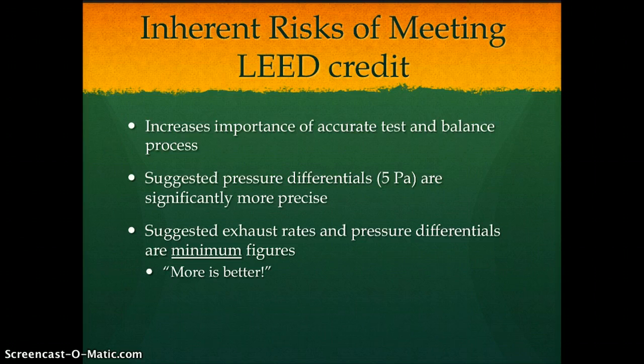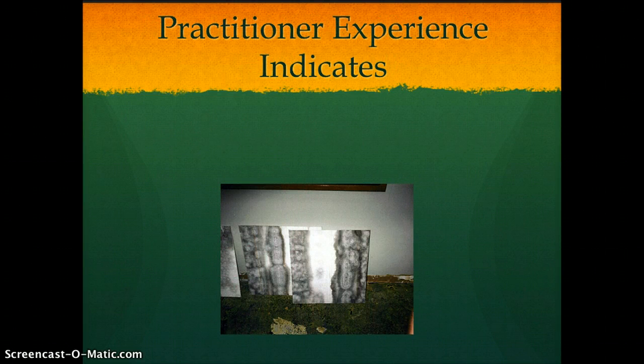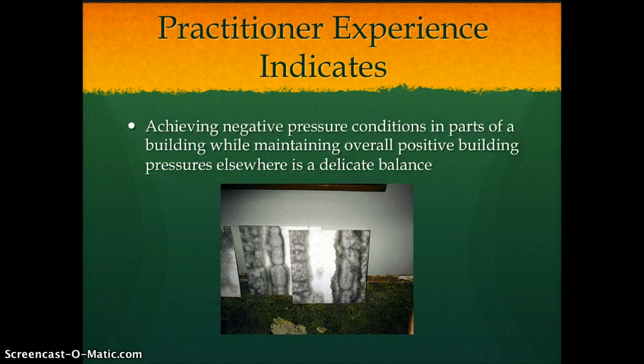It has been the experience of many practitioners in the field of forensic building science that achieving negative pressure conditions in parts of a building while maintaining overall positive building pressures elsewhere is an extremely delicate balance to achieve.